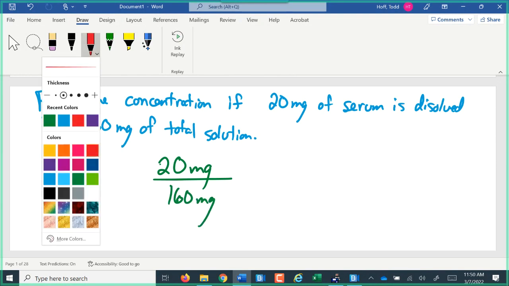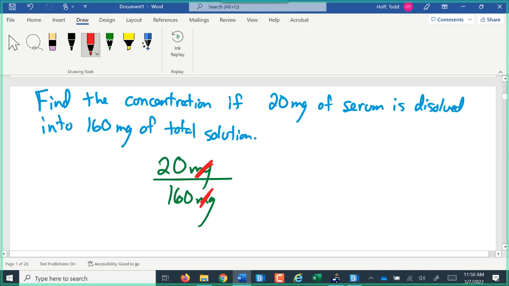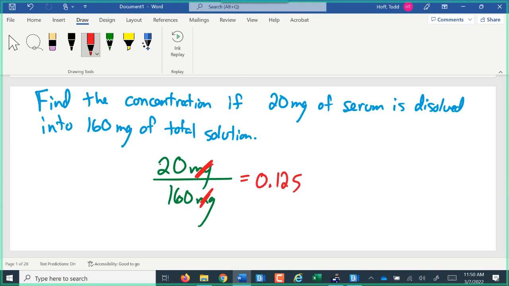Now it's very important that these units match up, so the milligrams cancel out. 20 over 160, if I divide that out, is 0.125. So that is our concentration as a rate. Convert that to a percent. Of course, we multiply by 100 or move the decimal point over. 12.5% solution, weight in weight.